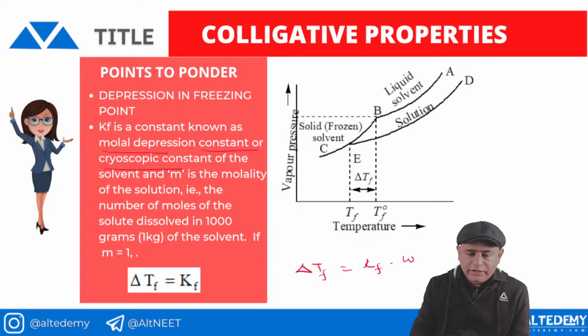Small w, we write weight of solute upon molar mass of solute into 1000 upon weight of solvent. So the complete expression is like this. Delta TF is equal to Kf into small w upon capital M into 1000 upon capital W. This is how we express the depression in freezing point, right?